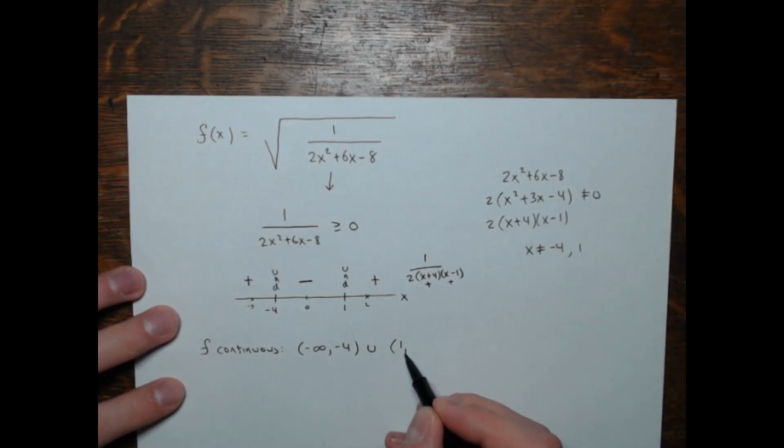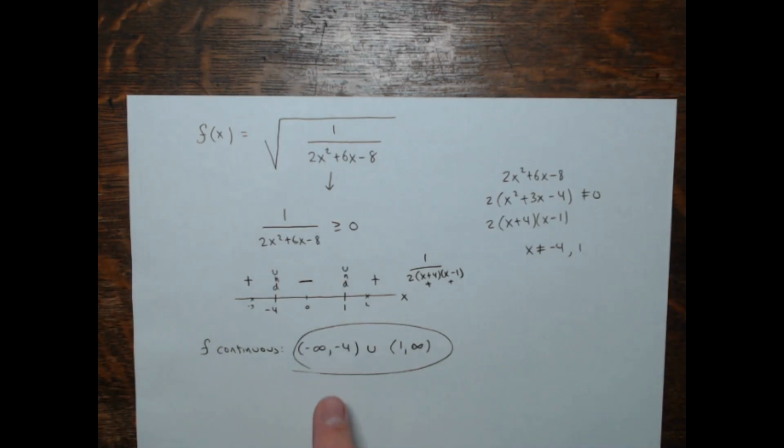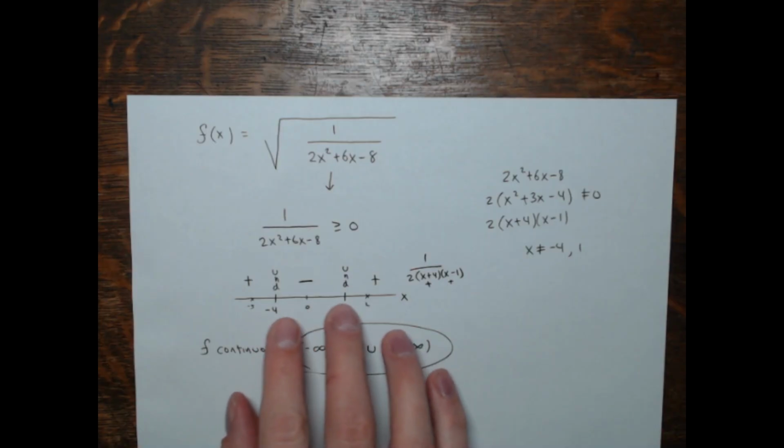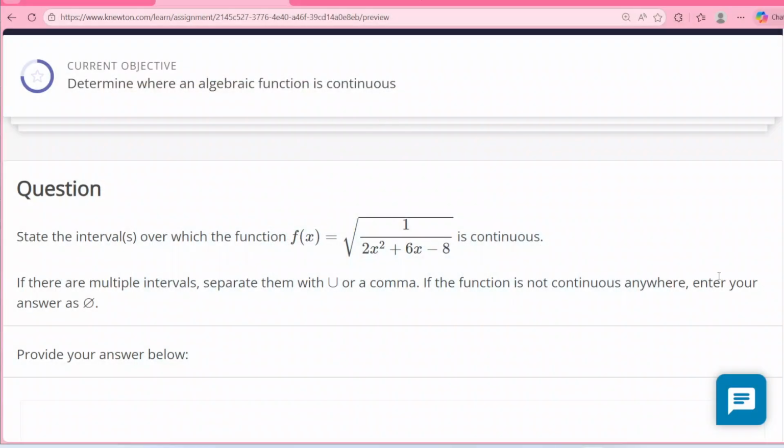So from 1 onward, the function exists and will be continuous. So from negative infinity up to negative 4, but not from negative 4 to 1, and then beyond 1, this function will be defined and also continuous at those values.